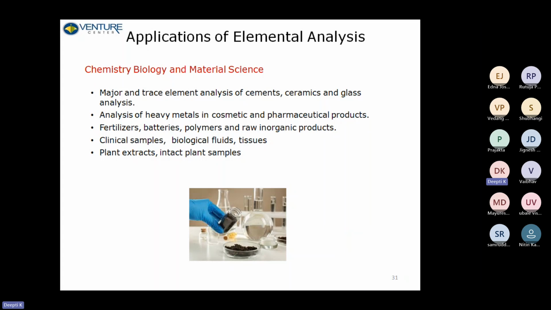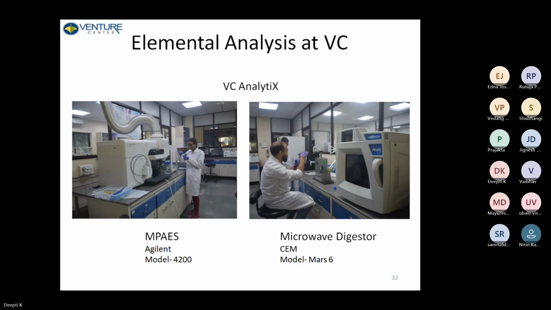In chemistry, of course, for material science, this is extremely essential in an R&D lab, to determine the concentration of different elements in cement, ceramics, glass, polymers, plant extracts, tissues, or biological fluids. So R&D labs require estimation of trace as well as major elements routinely. With this, we finish off the theoretical part.